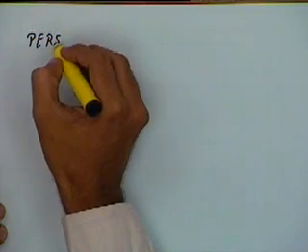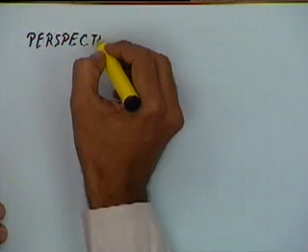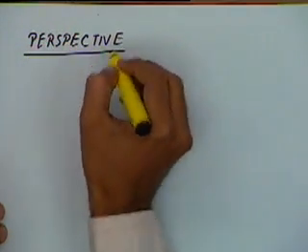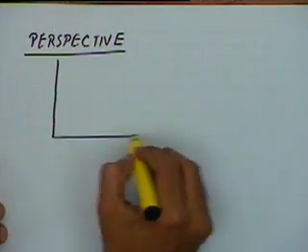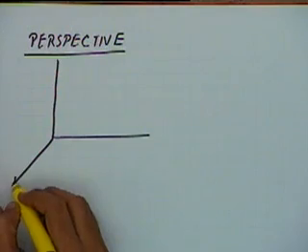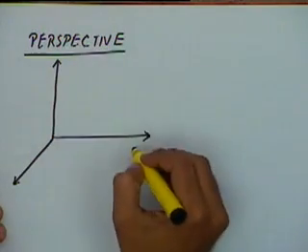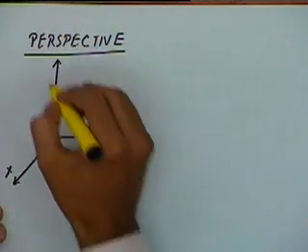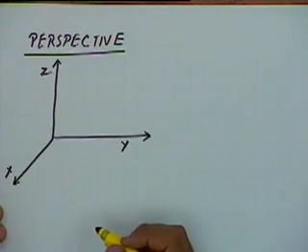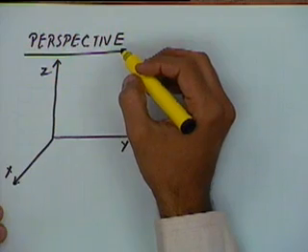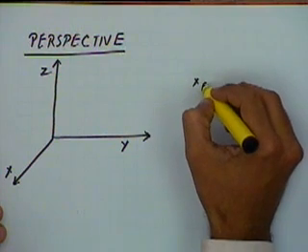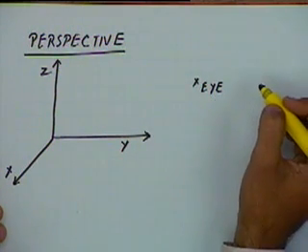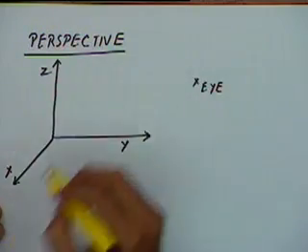We have seen that in the case of a perspective view, if we have modeled our objects in a particular reference frame, for getting the perspective projection, what do we need to specify? We need to specify the location of the eye, and we will need to specify a projecting plane.